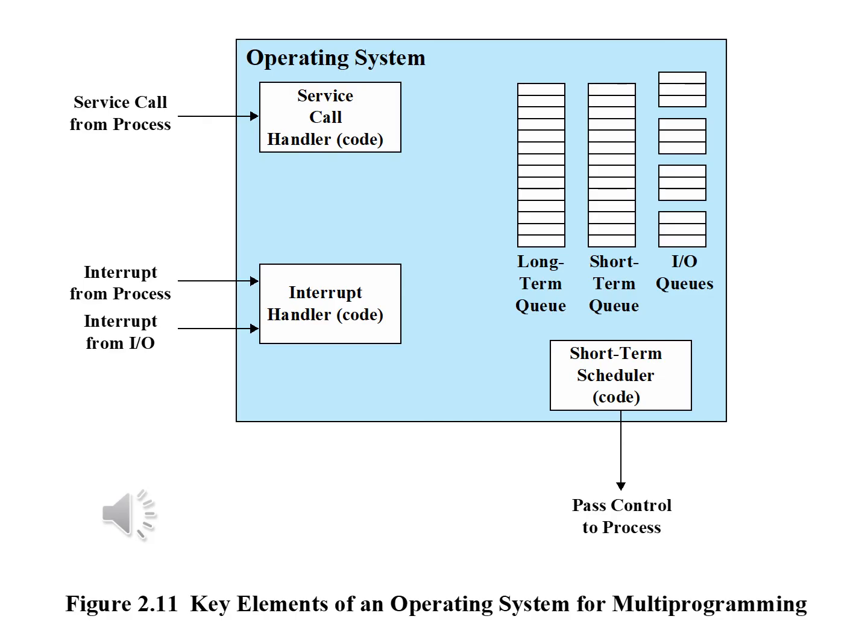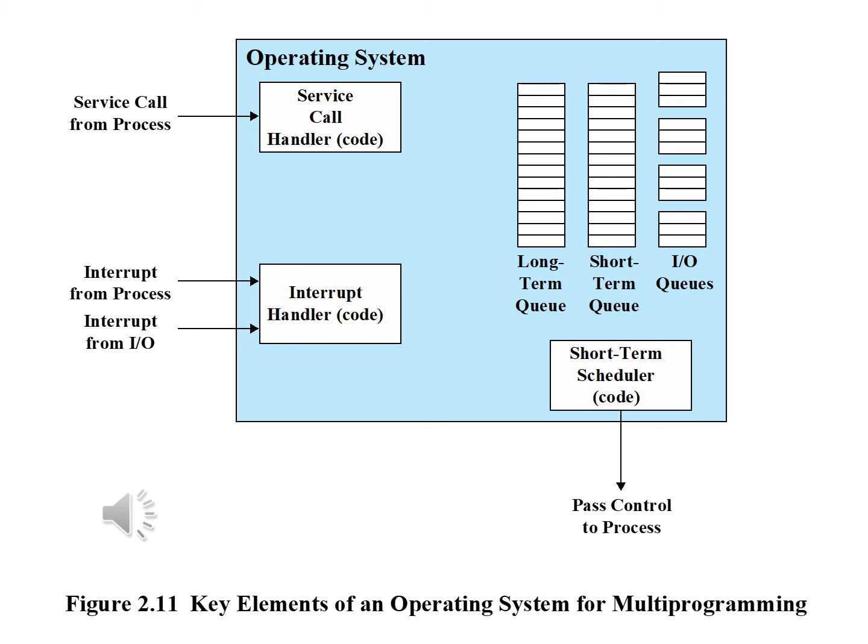The figure on this slide suggests the major elements of the operating system involved in the scheduling of processes and the allocation of resources in a multi-programming environment. The operating system maintains a number of queues, each of which is simply a list of processes waiting for some resource.